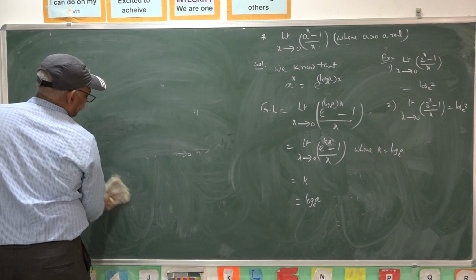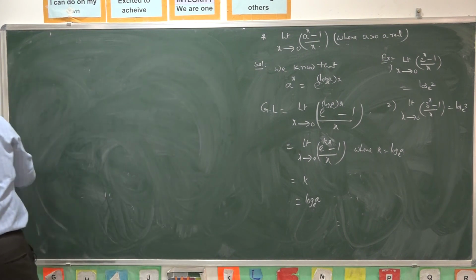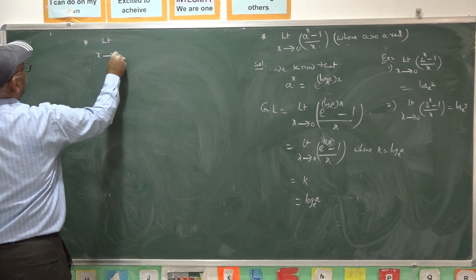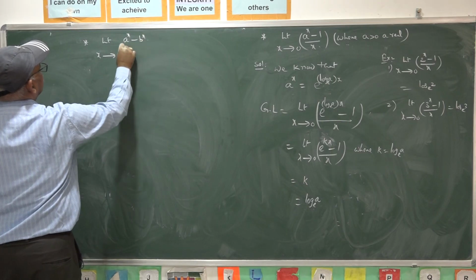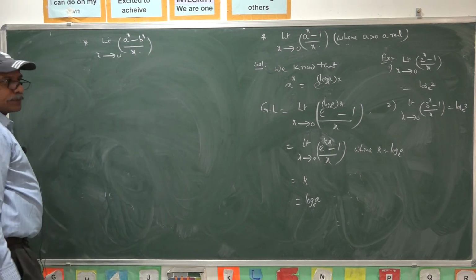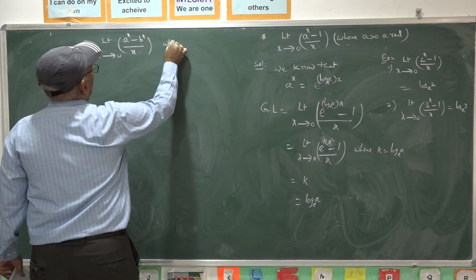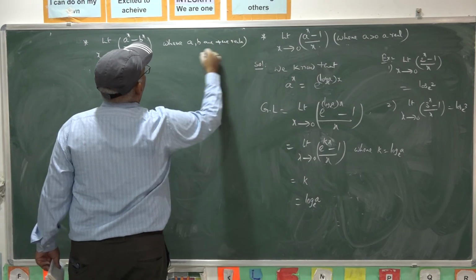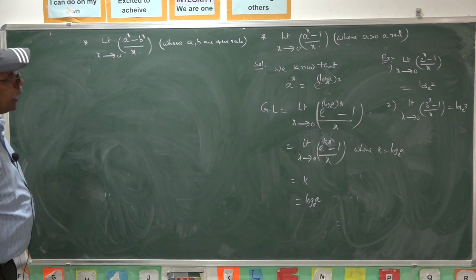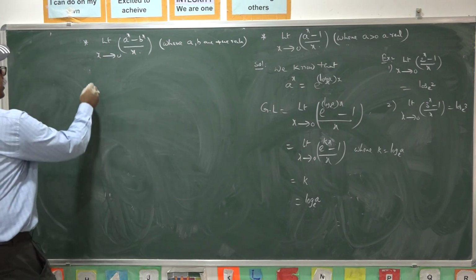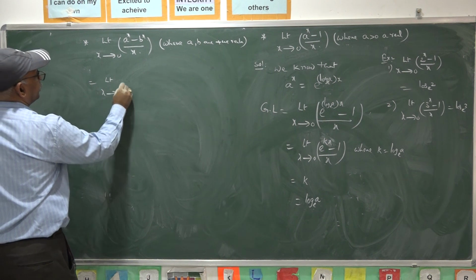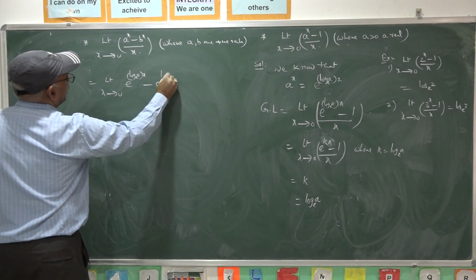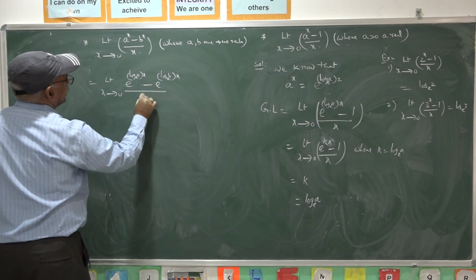Similarly, based on that formula, limit as x goes to 0 of (a^x - b^x)/x, where a, b are positive reals, is nothing but limit as x goes to 0 of (e^((log a to the base e)·x) - e^((log b to the base e)·x))/x itself.